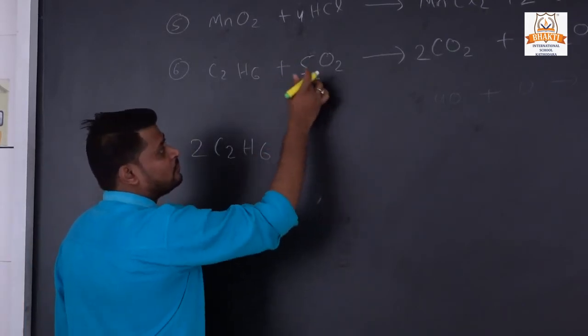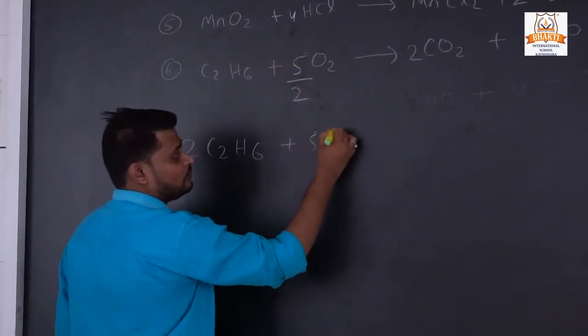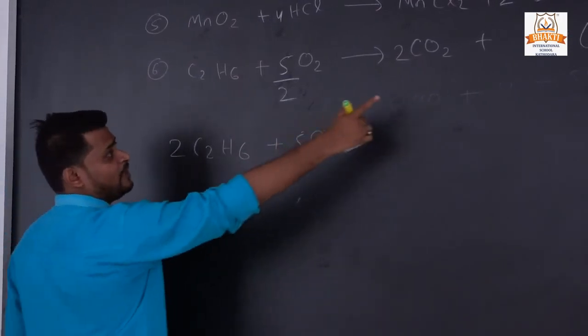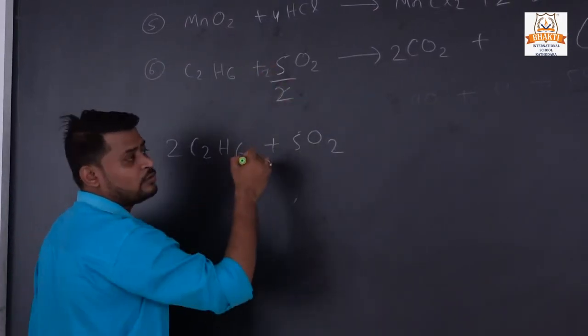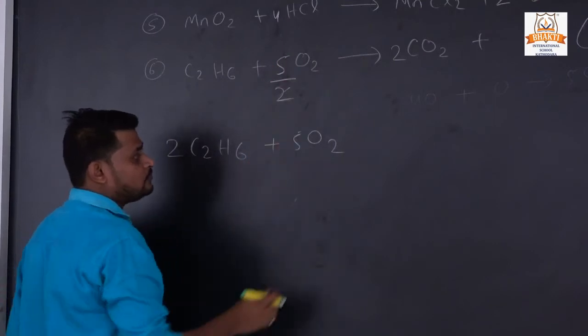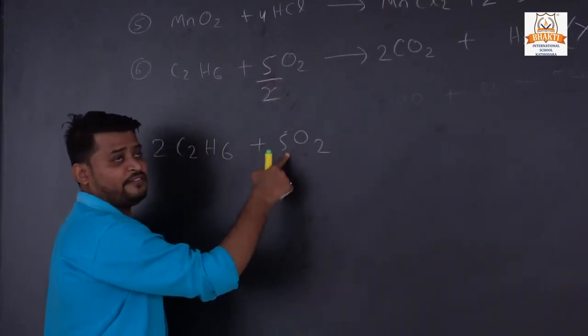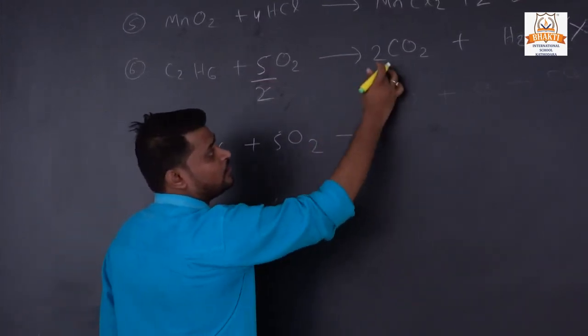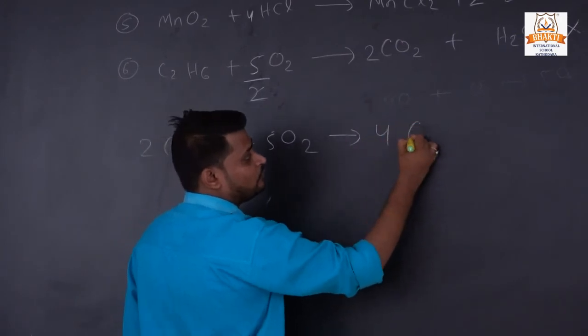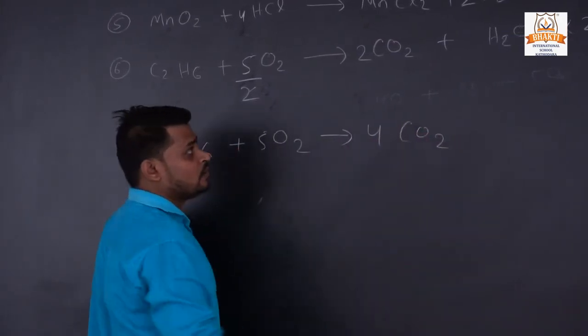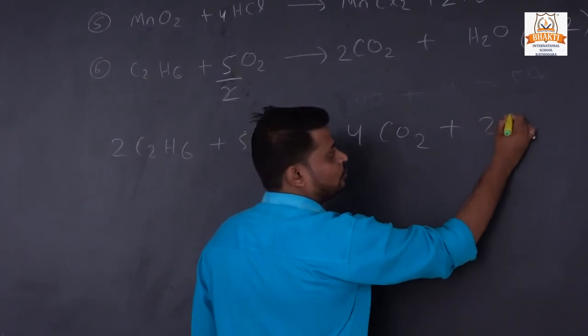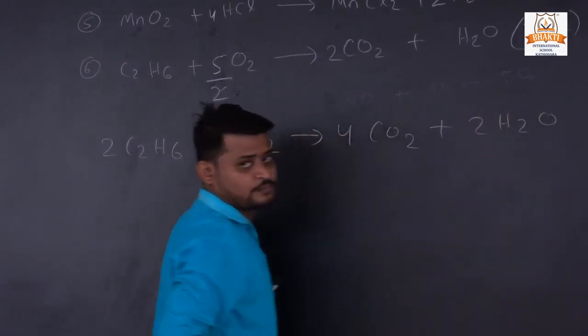Plus 5 O2, and 2 and 2 cancel, so here only 5 remains. Here 2 twos are 4 CO2 and here 2 H2O.